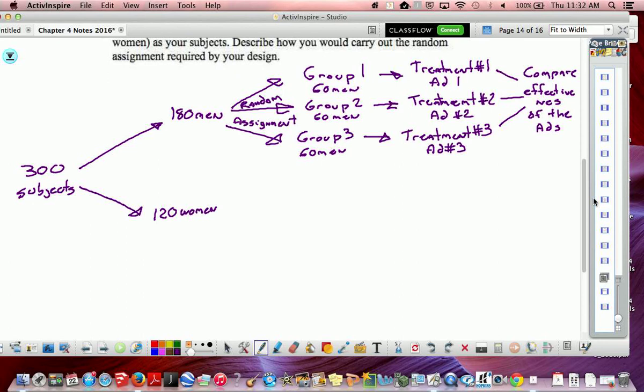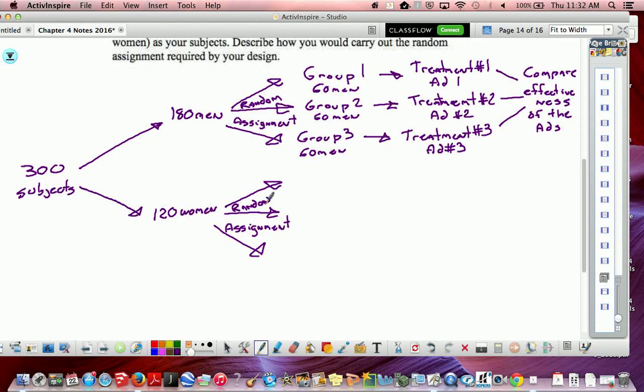We do the same type of setup for women. I ran out of room, so compare the effectiveness of the ads.